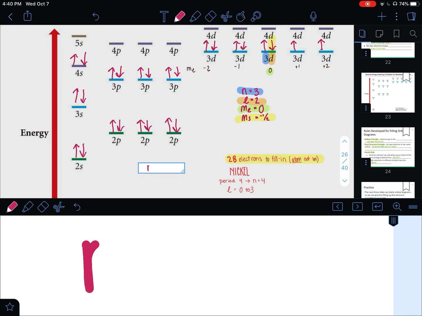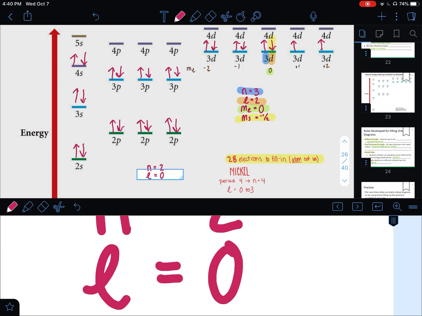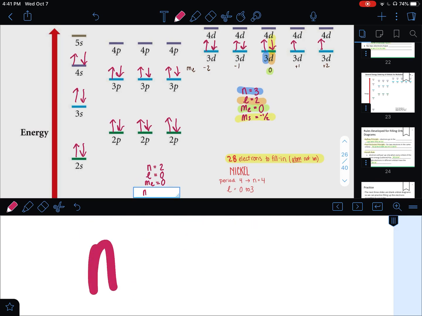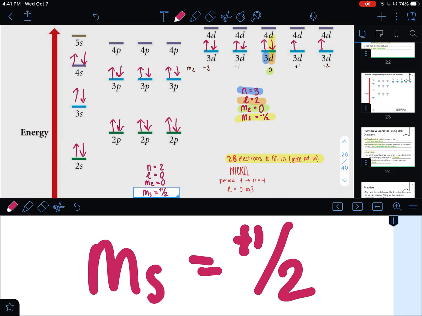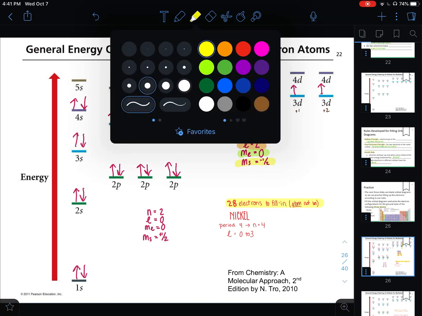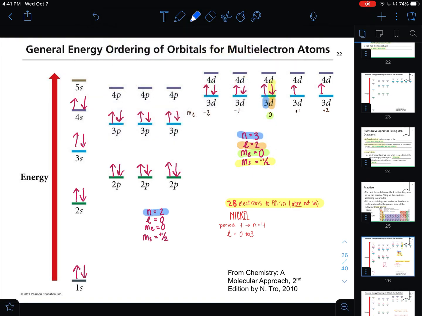So if we have n is equal to 2, all right, so we have n is equal to 2 as our principal quantum number.